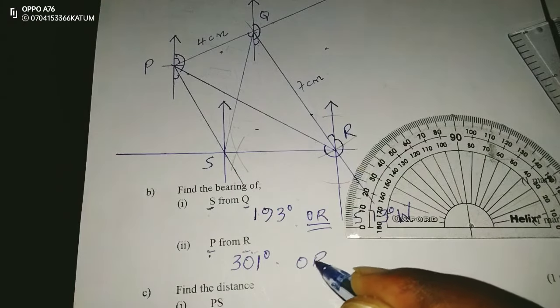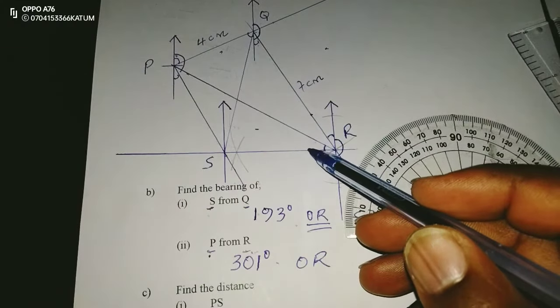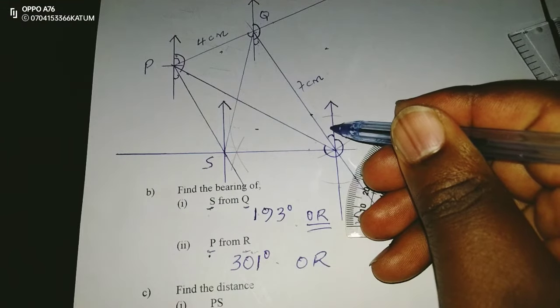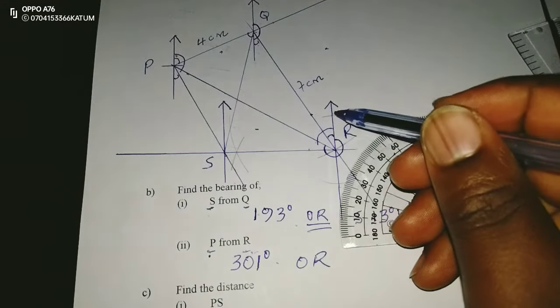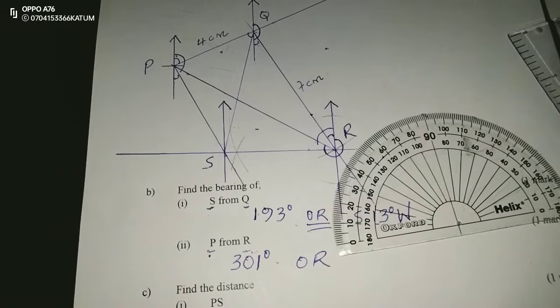Or simply, if we've measured an acute angle of 31 here, then it means this is an angle from north towards west, when we take 90 and we subtract that one, I'm getting 59.